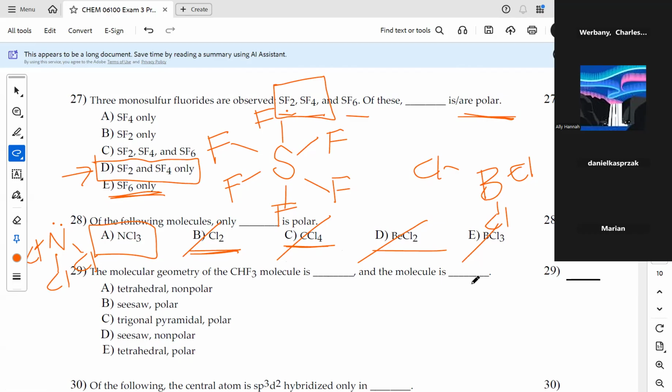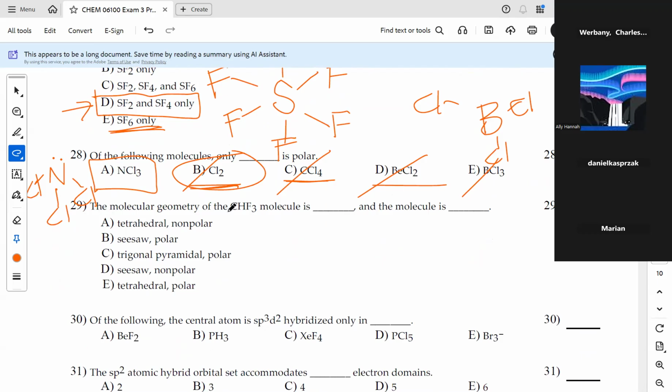That will be my first kind of perusal: I would look for any central atoms with lone pairs to start. Then I would consider symmetry, polar bonds that cancel out. And last but not least, we'll look for the diatomics, which are definitely nonpolar.